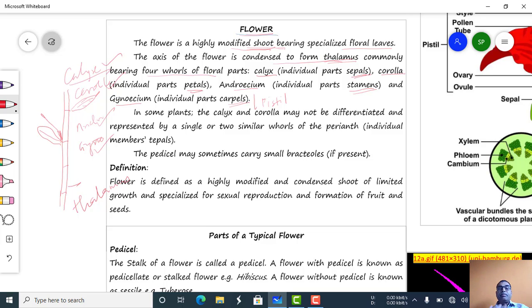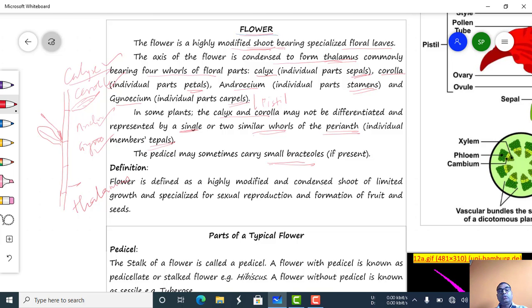In some plants, calyx and corolla may not be differentiated and are represented by a single or two similar whorls, then it is called a perianth. An individual member of this perianth is called a tepal. Pedicels may sometimes carry bracteoles, if present.